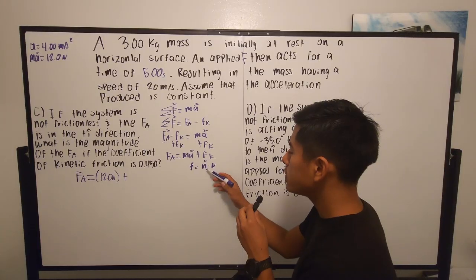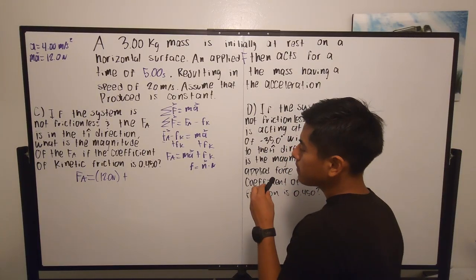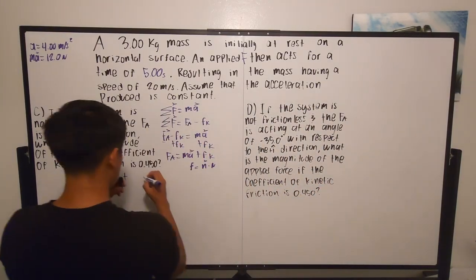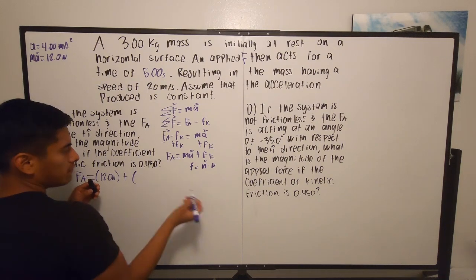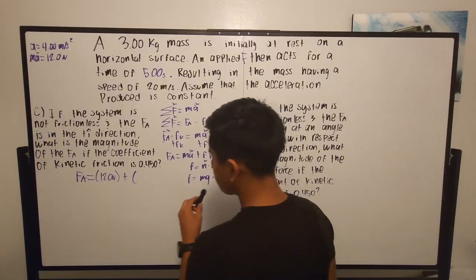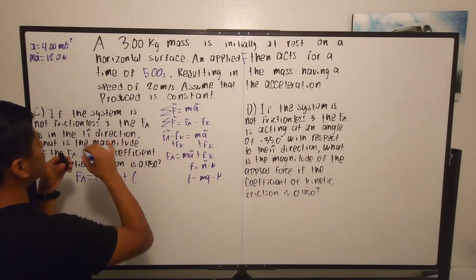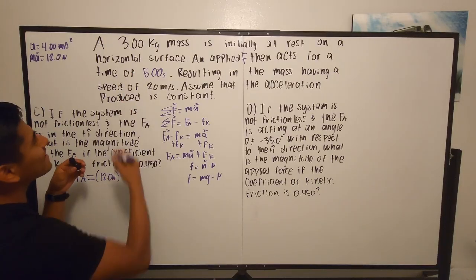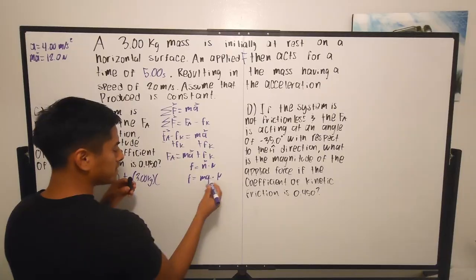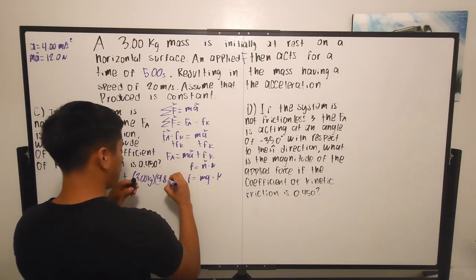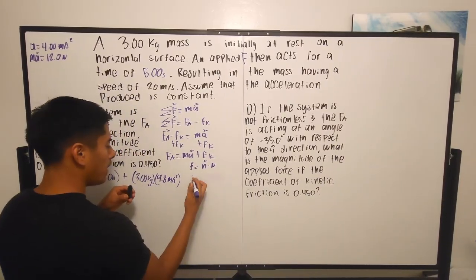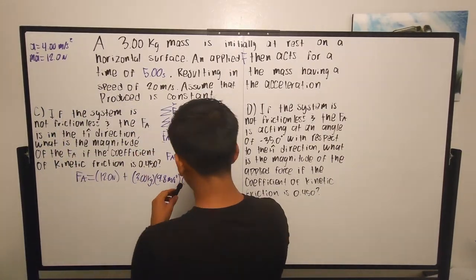In this case, our normal force is just going to be the absolute value of the gravitational force, which is mg, so it's going to be mg times mu. So for us, that's going to be the mass, 3 kilograms, times the acceleration due to gravity, which is 9.8 meters per second squared, and then multiplied by mu, which is 0.450.